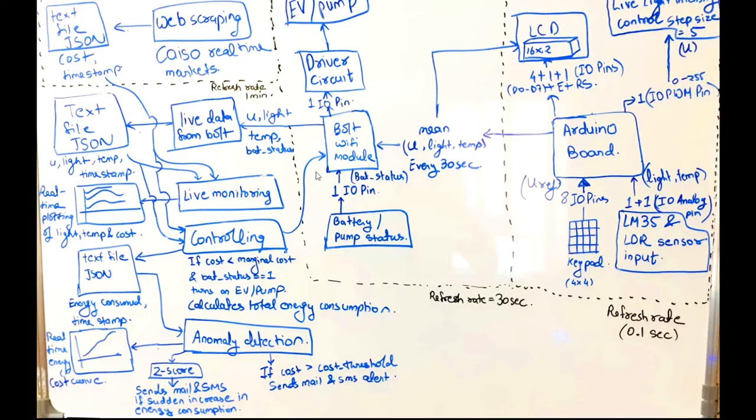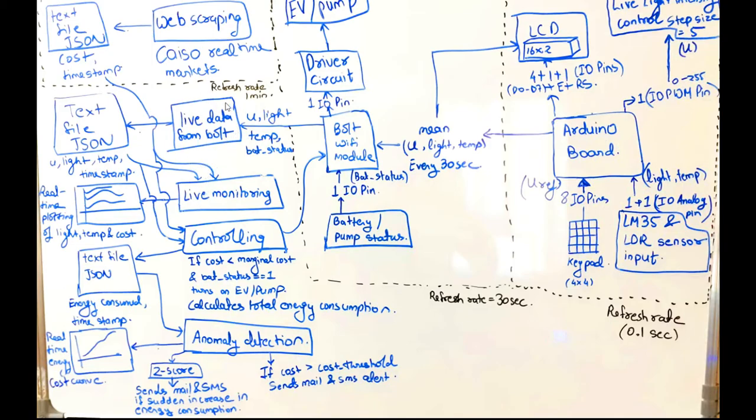After that, the Bolt Wi-Fi module is passing it to the computer part. These are all the scripts that I have written. So what is happening is U, light, temperature, and battery status. Battery status I will explain later. These things are transferred to live data from the Bolt script.